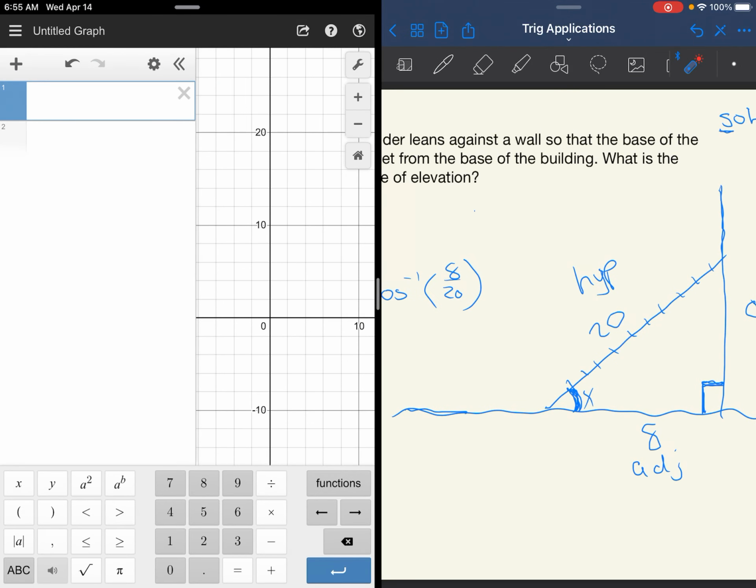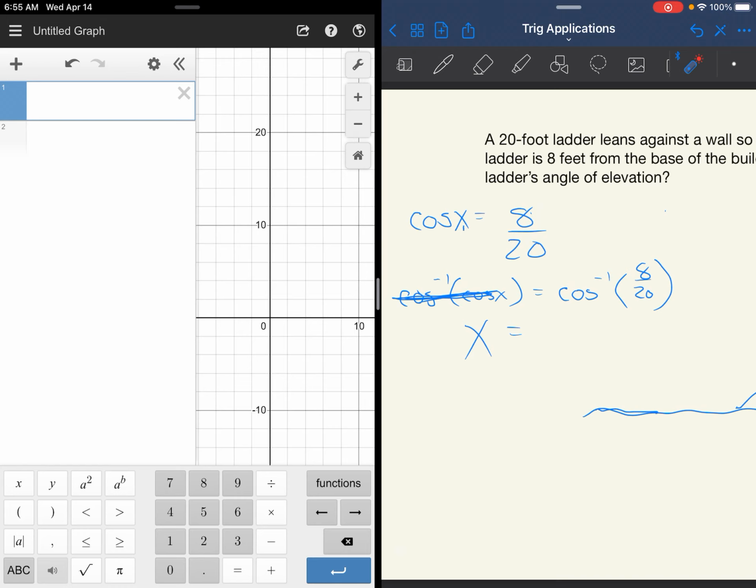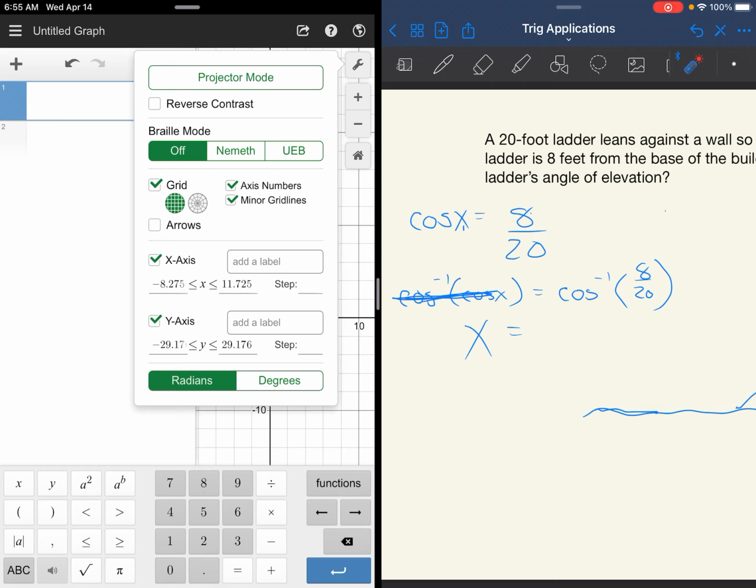When you're using Desmos, the first thing you should do before you start typing in cosine, sine, or tangent is go up to this little wrench in the top right-hand corner. You'll see a little tool. It looks like a wrench. You can go ahead and click on it. At the very bottom of that pop-up window, it says radians and degrees.